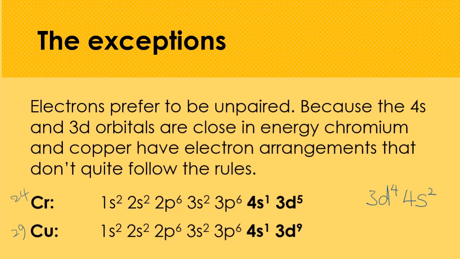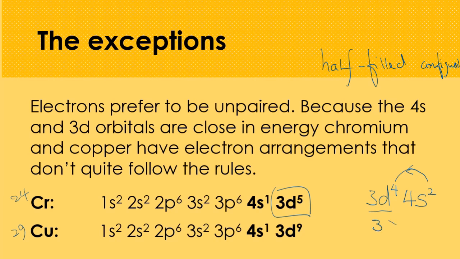However, based on Hund's rule, the electrons need to be singly filled as a half-filled configuration, which is more stable than 3d4. So to be more stable in chromium, one electron comes from 4s2 and is donated to 3d, and that gives 3d5. The final configuration is 3d5 and 4s1.